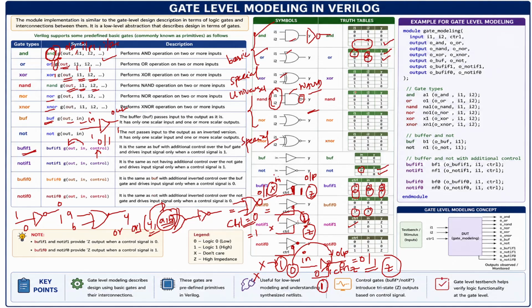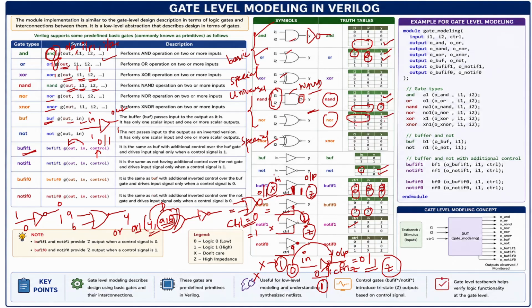Okay, and then NAND gate, that is the complement of AND gate. So if any one of the input is 0, any one of the input is low, output is high. If both the inputs are high, output is low. Okay, NOR gate means if both the inputs are low, output is high.